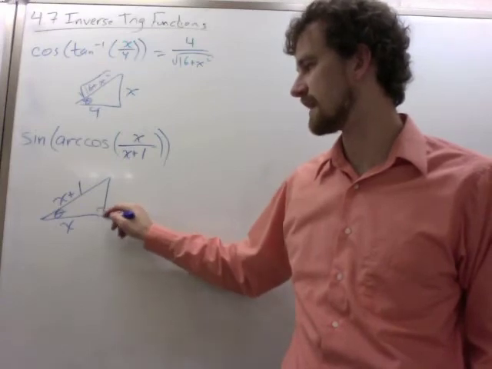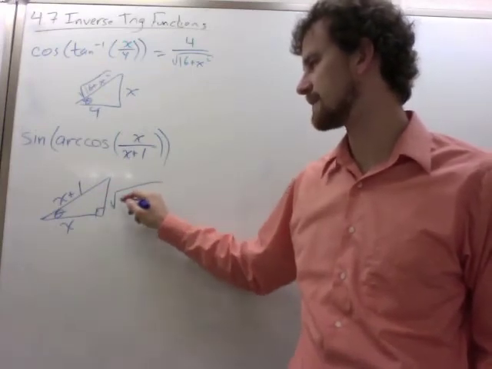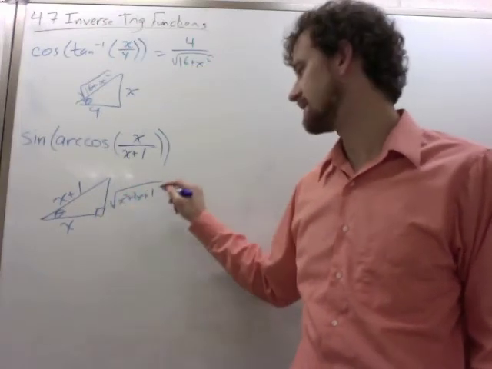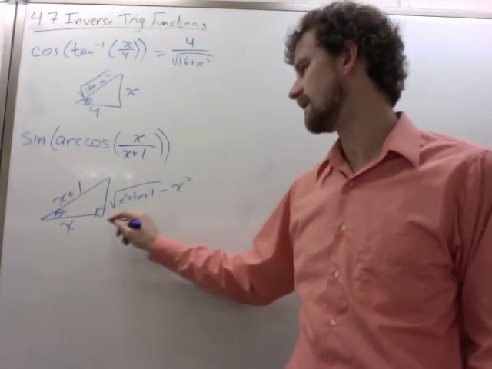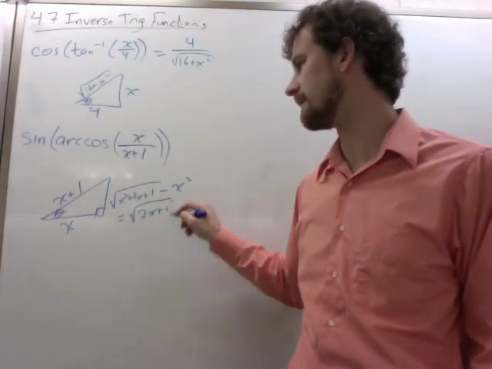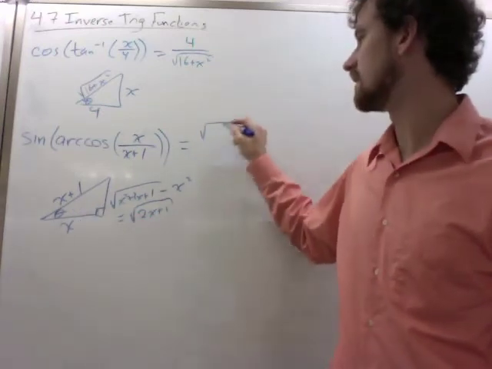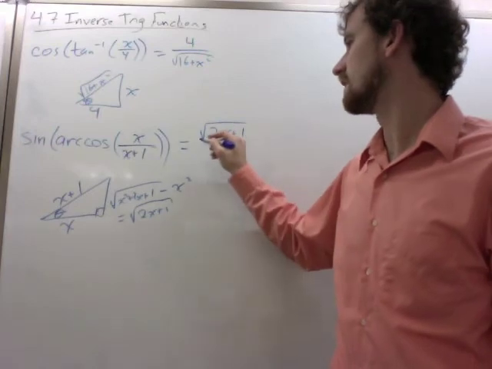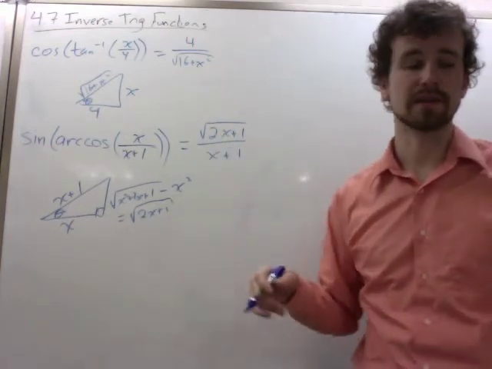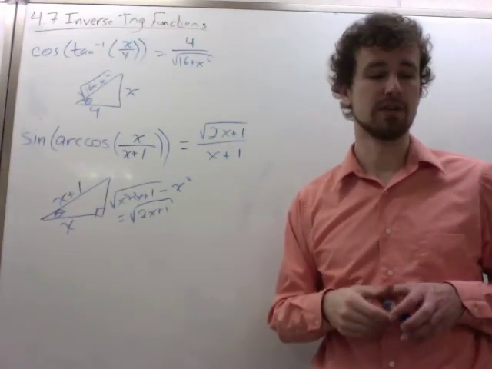Then this side over here is the square root of x plus 1 squared, which is x squared plus 2x plus 1, minus x squared. So that's the square root of 2x plus 1. So then the sine of that angle is opposite, root 2x plus 1, over hypotenuse, x plus 1. So again, we can evaluate this algebraically even without having numerical values for our functions.